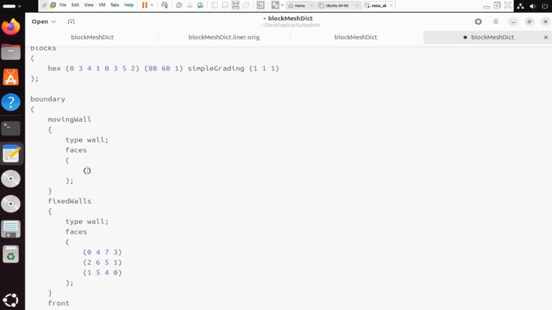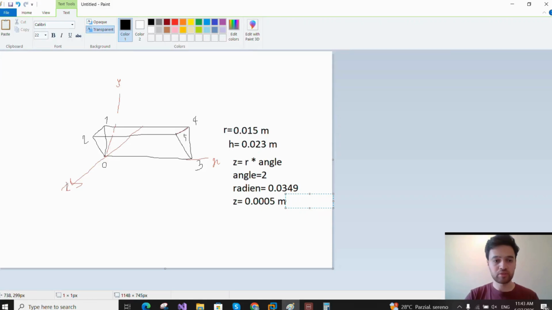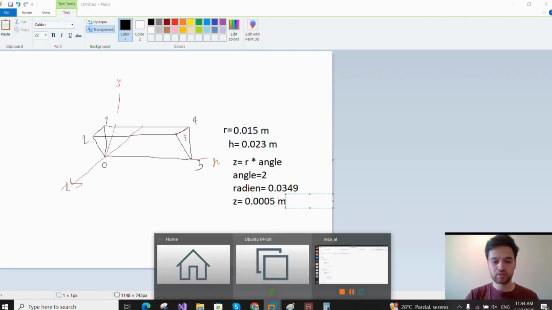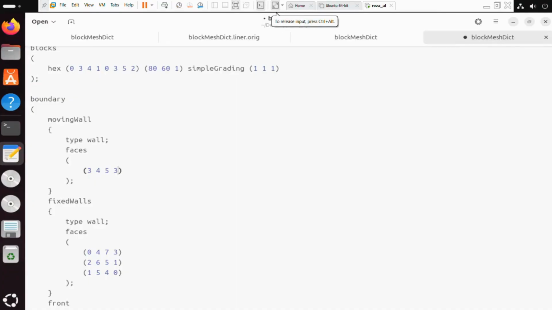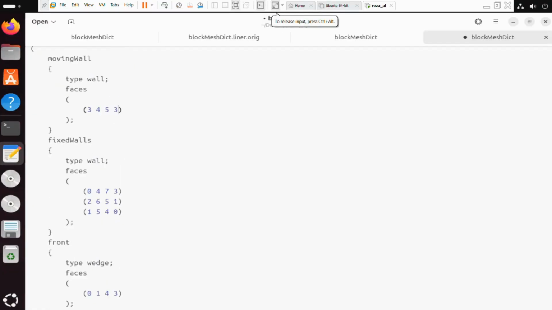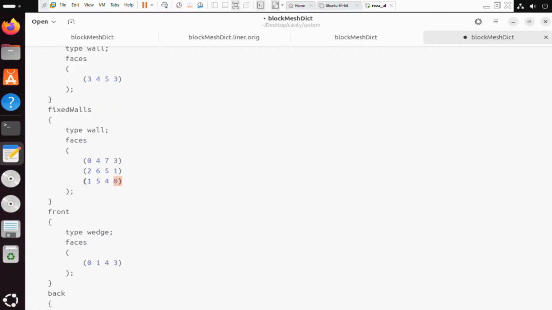The moving ball we could write for 3, 4, 5, 3. I mean, this one 3, 5, 3, then we can write 0, 1, 2, 1, then this 1, 2, 5, 4. This is the moving wall.